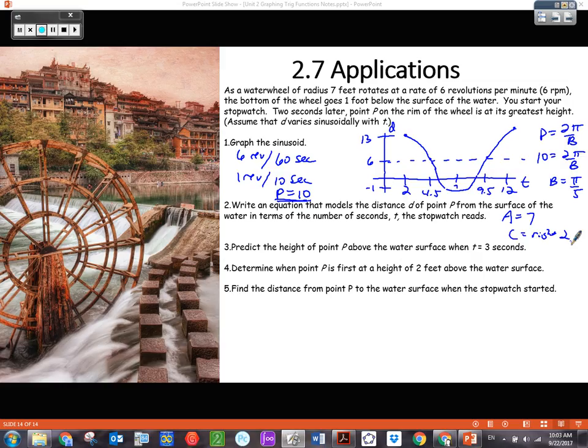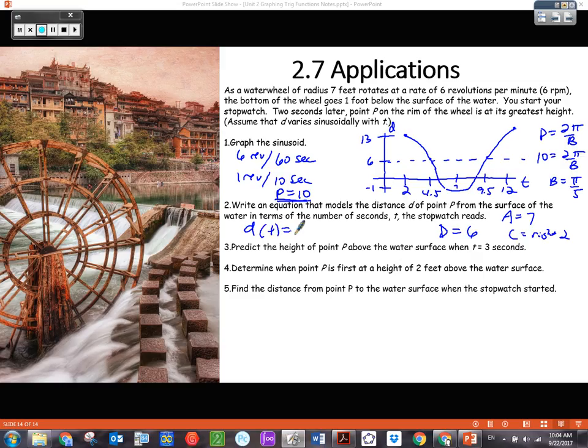Okay, so D is going to be the 6, right? It's in the middle. It's at 6. So D is at 6. Okay, so we have our A, our B, our C, and our D. Now that we have those, we can actually write the equation. I'm going to write it in function notation. You don't have to.